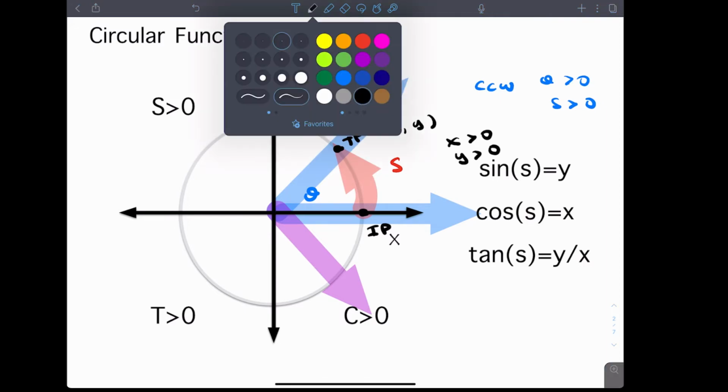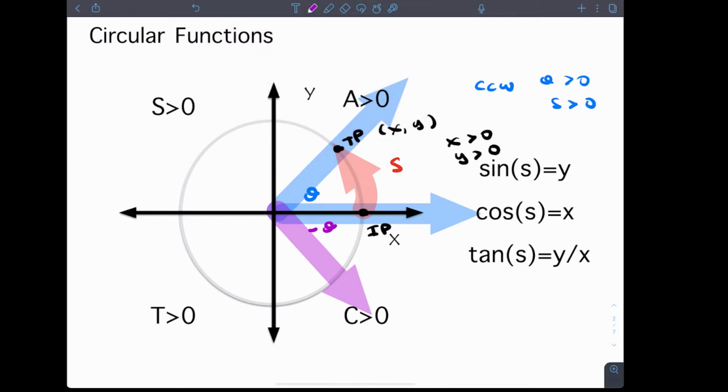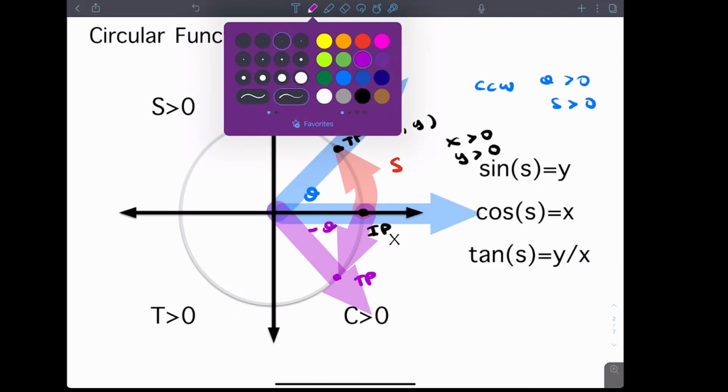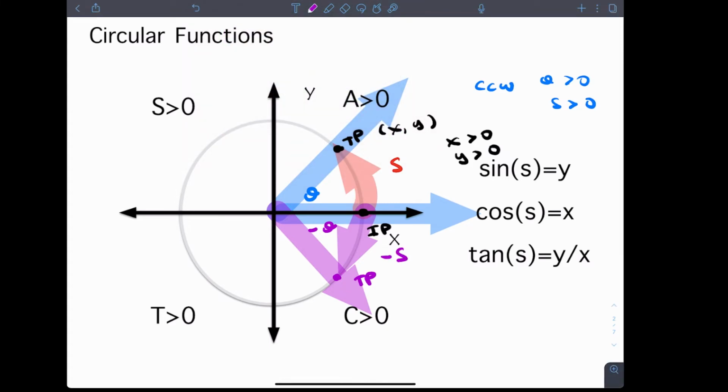Now I'm going to rotate this an equal length, minus theta. And so this terminal point down here, now my theta, this is going to be what we call minus S. So if you rotate clockwise, theta is negative and your arc length is negative.